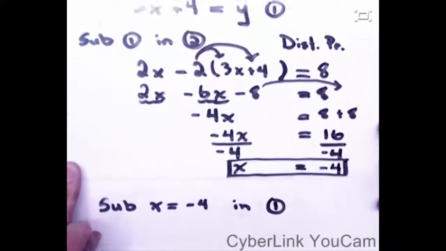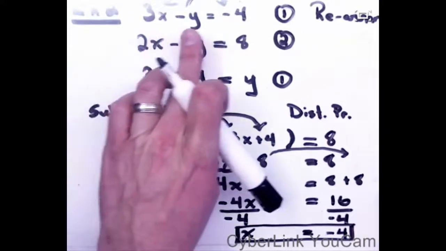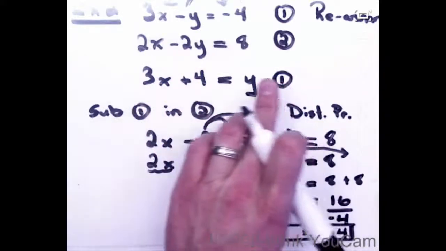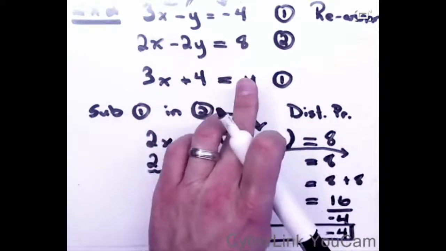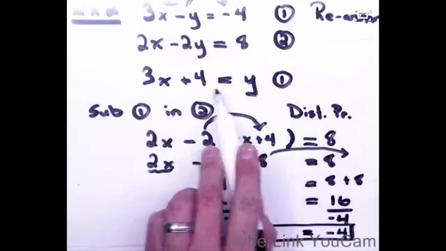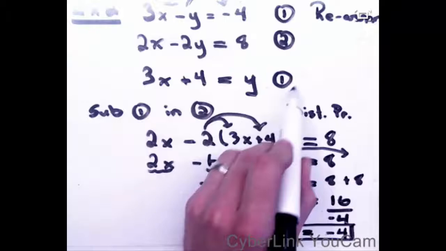Because remember at the start, the very start, we had this number 1, and then we did our rearrange, and we end up with this second number 1, like an updated number 1. It's much easier to find y in this one, because y equals everything on this side. It's nice and clean. So I'm going to sub x equals minus 4 into the rearranged number 1.